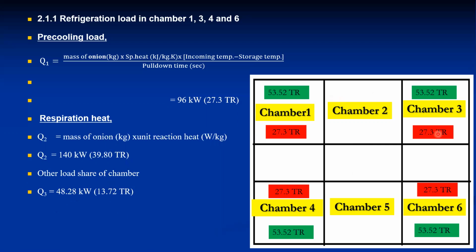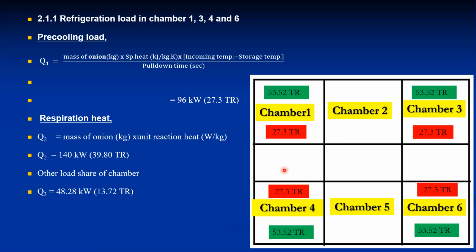That is the storage load, along with the other shared load of the chamber. If we see the total capacity, it is around 80 TR for one particular chamber. So 80 TR is the total capacity of chambers 1, 3, 4, 6.